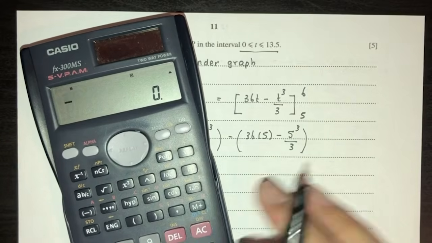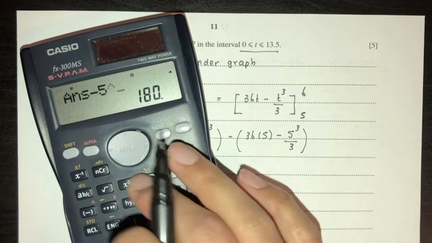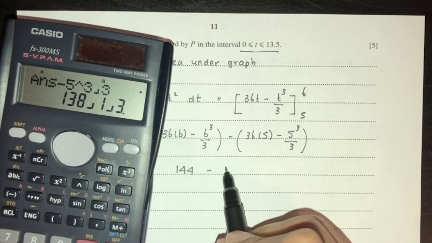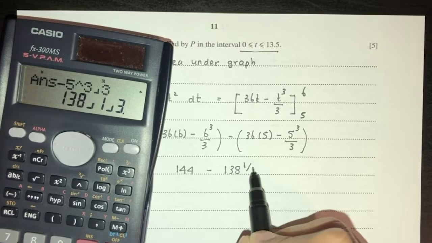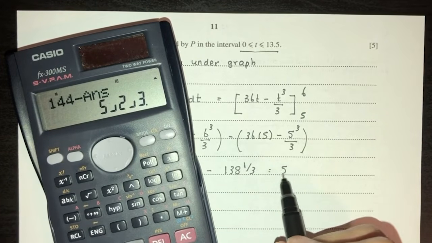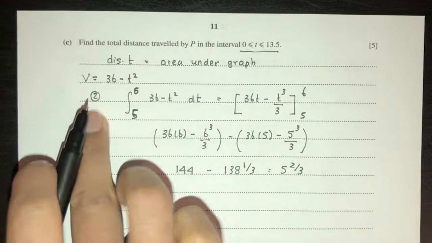And how about this one? 36 times 5 minus 5 cubed over 3, that will be 138 1/3. So 144 minus that answer will be 5 2/3. That will be your area for number 2.